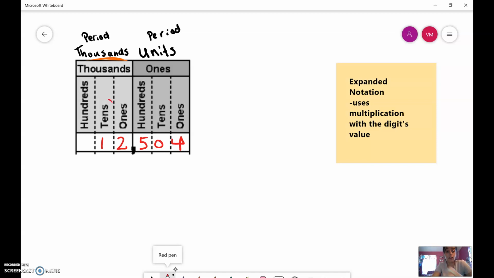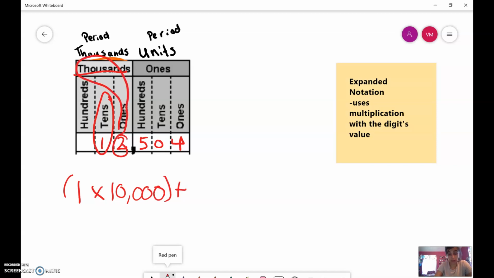So now I have 1 of the 10,000s. Now I'm going to add 2, but that is 2 thousands. So I have 2 of the thousands, not the ones, because that's the thousands period.